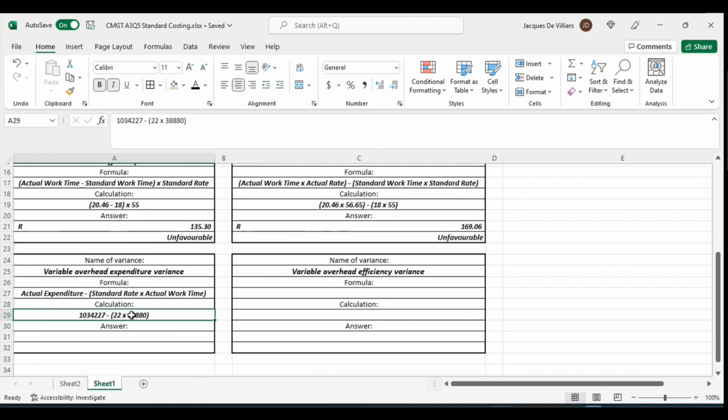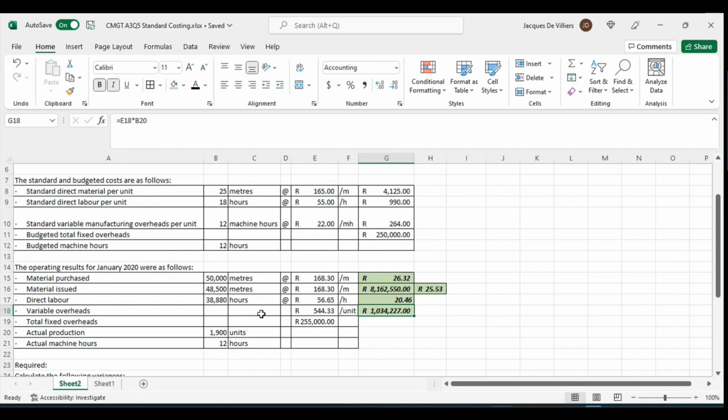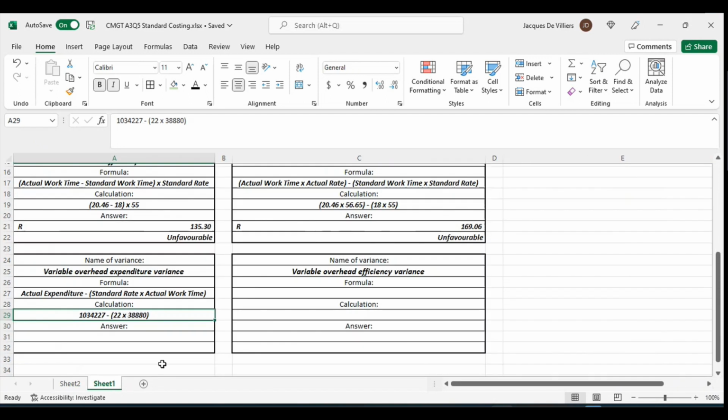Okay, good. From that, I must subtract the standard rate. The standard rate for what now? The standard rate that they gave us for the variable manufacturing overhead per unit. So that is the standard rate I'm using there, that 22. And I already know that I worked 38,880 hours in total.